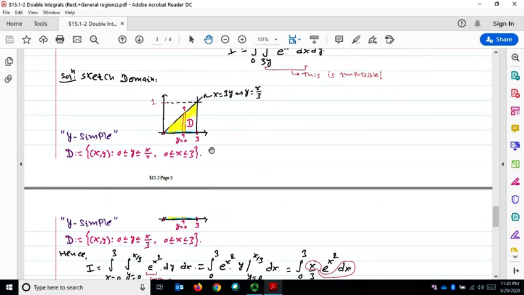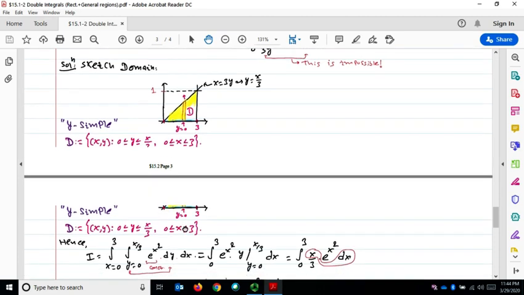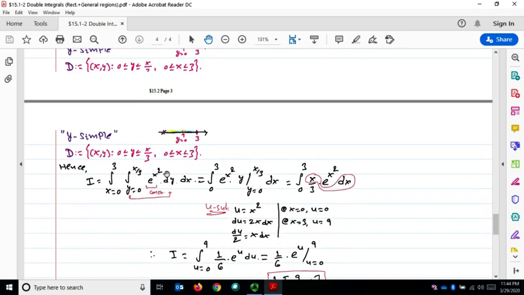And next, to find the x limits, look for the minimum and maximum values of x, which are 0 and 3. So these are the x bounds. Great. Now we are ready to switch the order of integration and evaluate the given double integral. So let's move on.